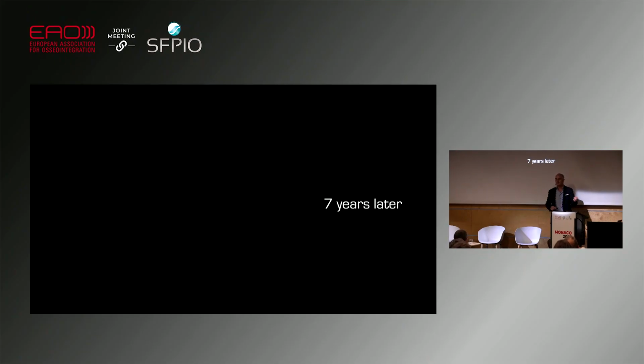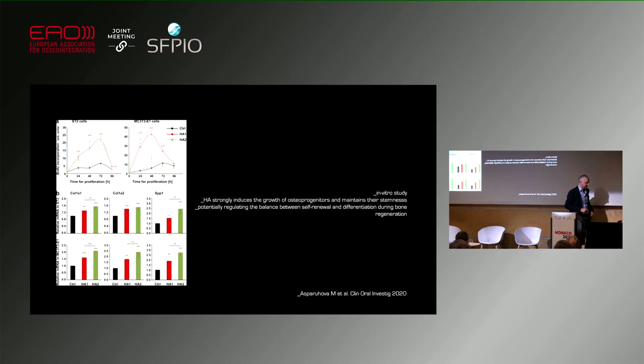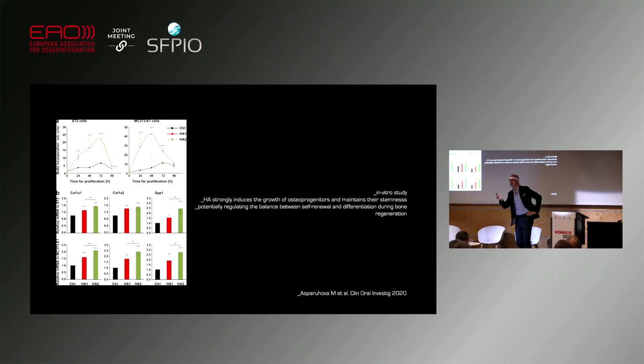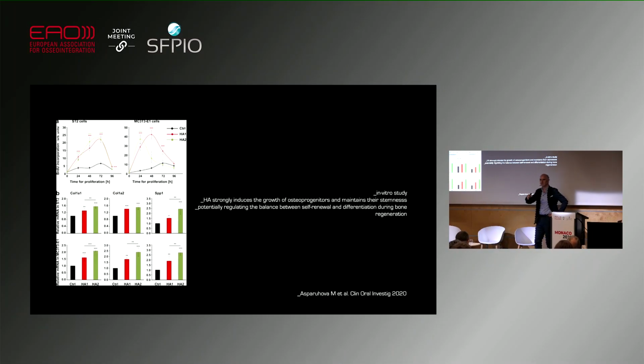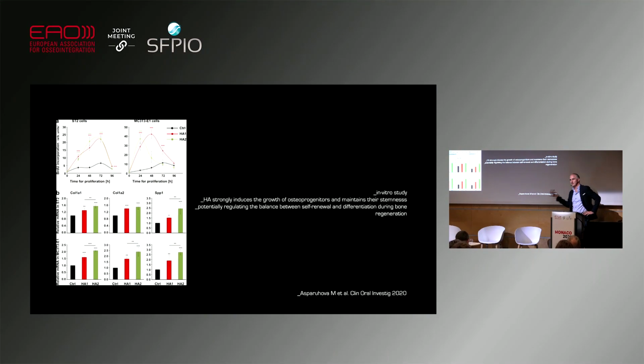So going back to our studies 7 years later, we found that from Tony's lab we see, yes, there is an effect of hyaluronic acid on bone remodeling. So we see an activation of osteoprogenitor cells. We see a difference in renewal and differentiation of these cells.